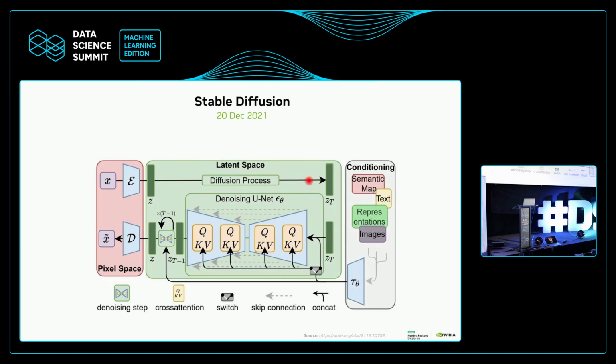Forward diffusion process means we just add noise to the image. We can always add noise to the image. That's pretty simple. The tricky part is to reverse this process. So here we have an image in latent space that has a lot of noise in it, and we ask our neural network to remove it. We added this noise, so we know what the neural network should predict, and that's how we train it.